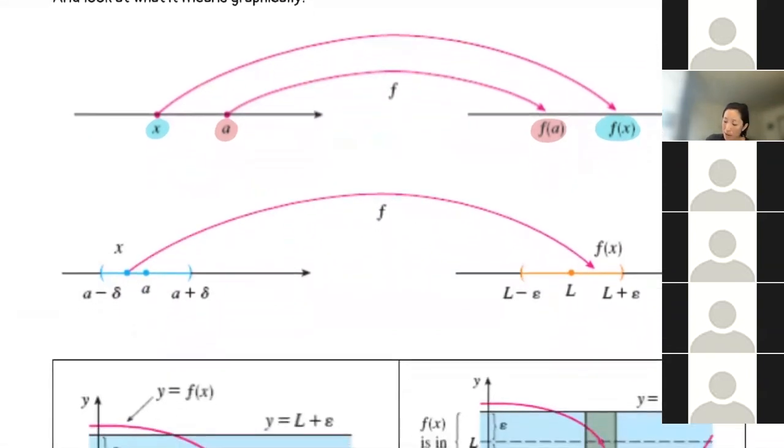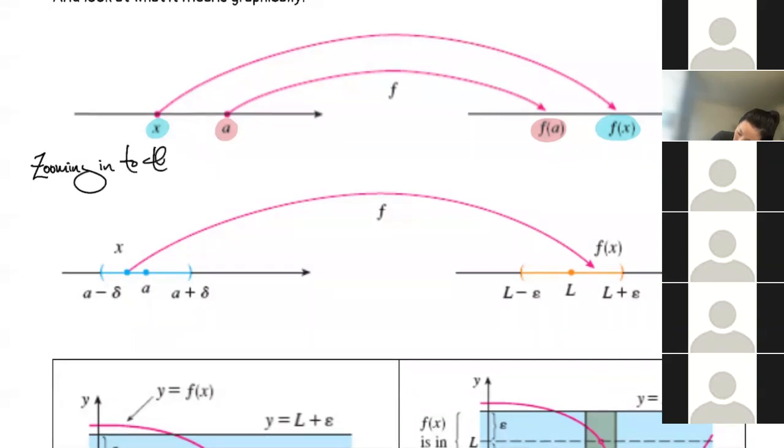But it turns out that this whole idea about limits is really about zooming in close to the point we're interested in. Okay, so zooming in to the point of interest, we get this second picture, okay?